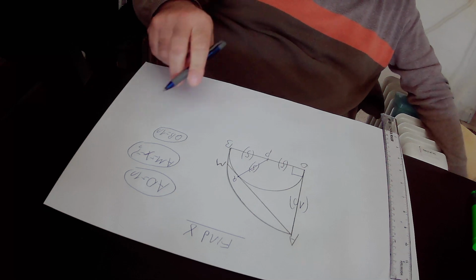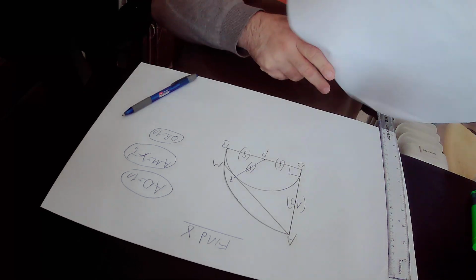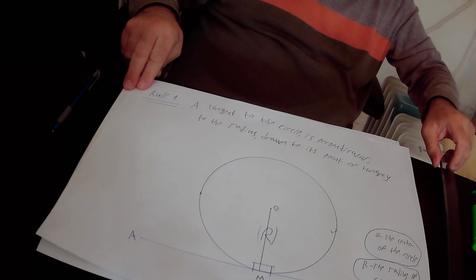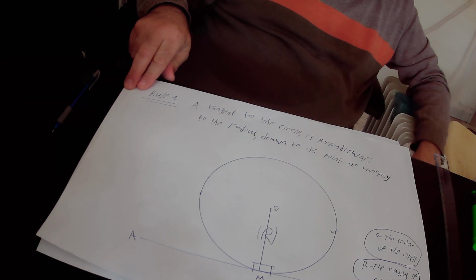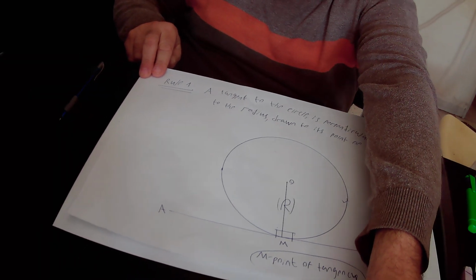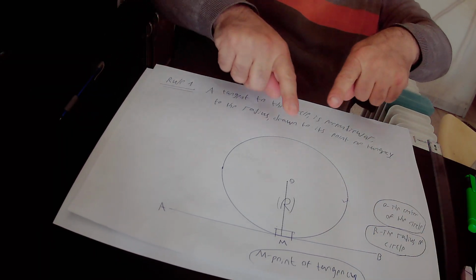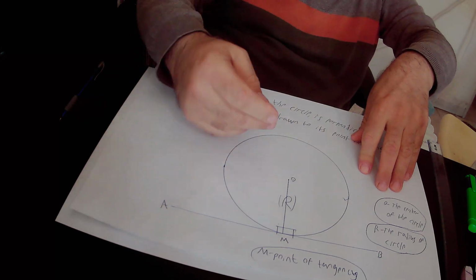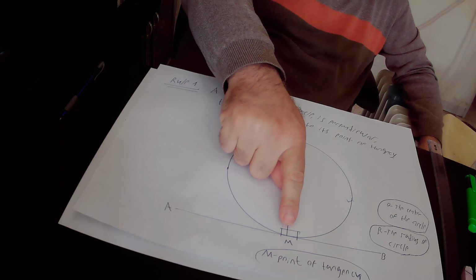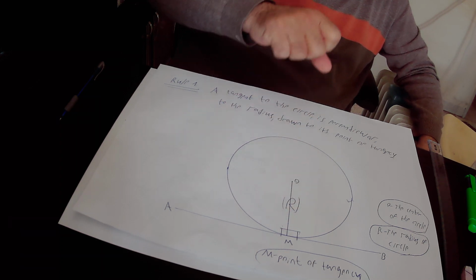Here we have rule number 1. According to rule number 1, a tangent to the circle is perpendicular to the radius drawn to its point of tangency. So we have here tangent AB is tangent to this circle at point M. Point M is the point of tangency.